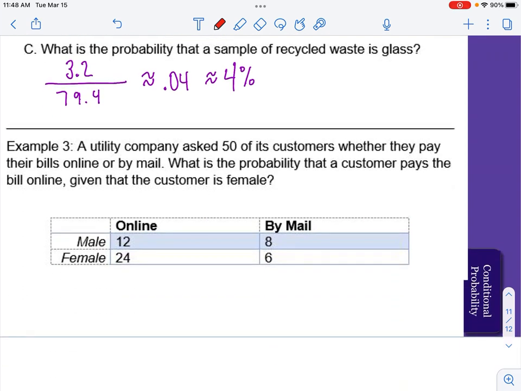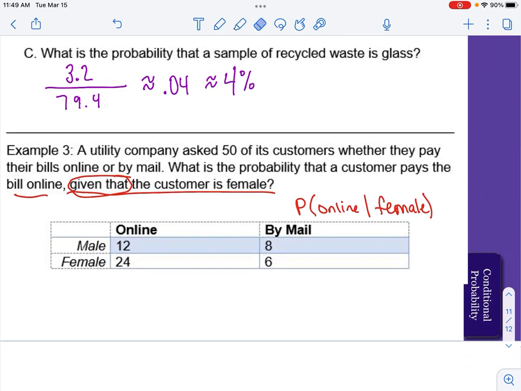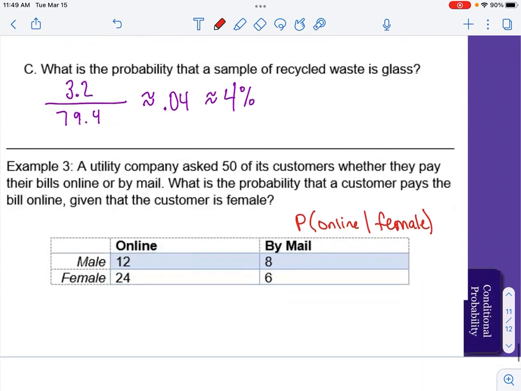This is a little different because it literally states pays the bill online given that the customer is female. So this is the same thing but in words, saying the probability of online given female, while above they didn't have the given that in the statement. So an easier version, it is written out.